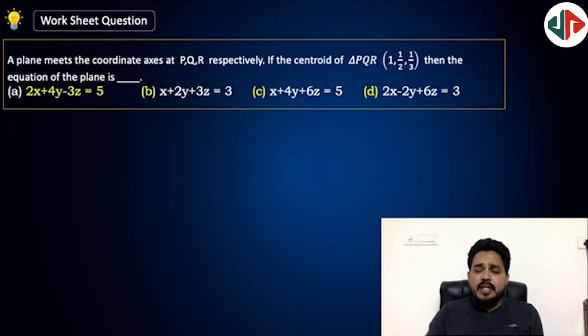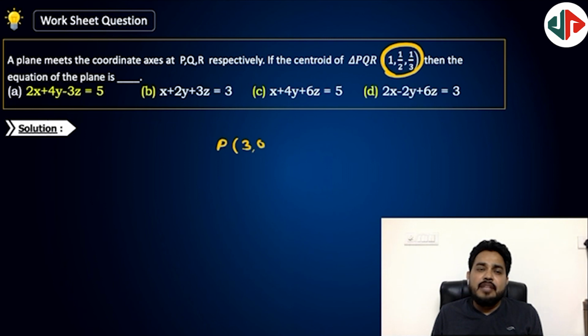A plane meets the coordinate axes at P, Q, R. Centroid is this one. If this is the centroid, the point P will be (3, 0, 0) and Q will be (0, 3/2, 0) and R is (0, 0, 1).